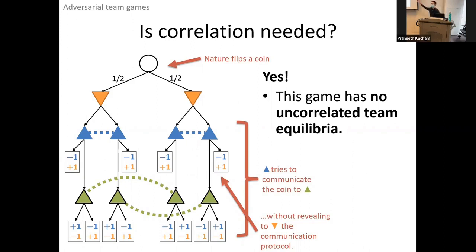Orange should lose this game if and only if they guess wrong. And if blue and green randomize independently, they can't communicate to each other, so they cannot win every time orange guesses wrong. You don't necessarily have to win. Well, if they're not winning, then they can deviate to a strategy that can win, right?